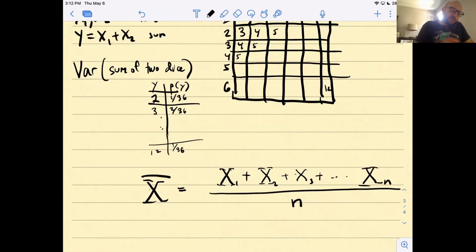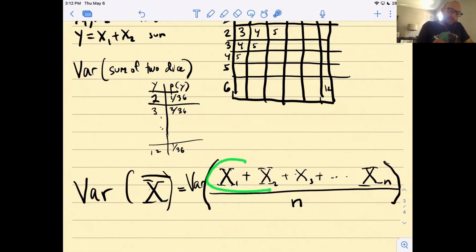Now, if you want to take the variance of both sides, the variance of this whole thing, well, we know that this is just a random variable, and this is like a number. This makes the random variable that we are going to observe, the sum of a bunch of things, smaller by dividing by n.